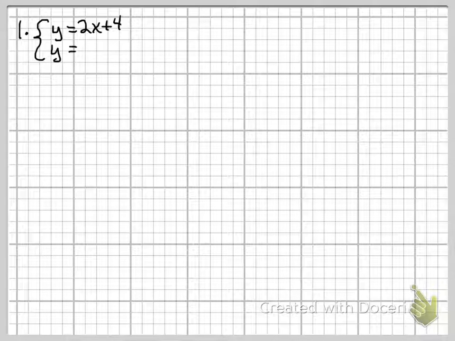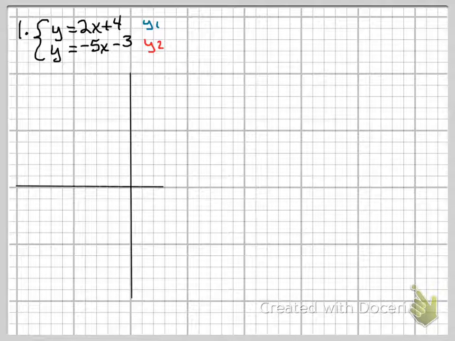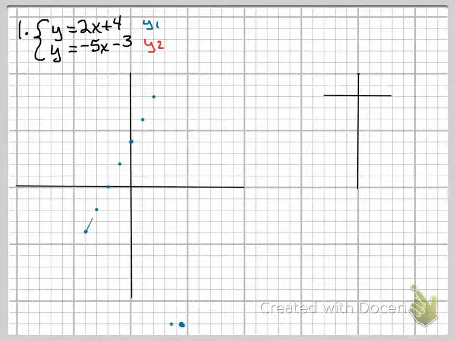All right, my first system of equations is y equals 2x plus 4 and y equals negative 5x minus 3. Okay, my y1 is my top problem. My y2 is my bottom problem.